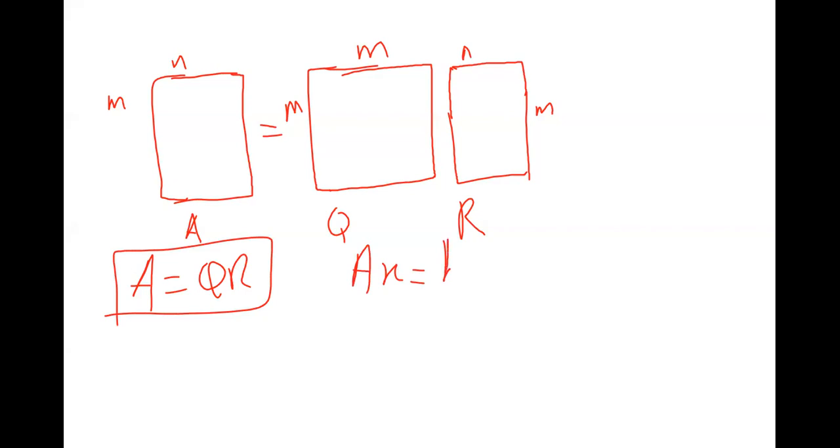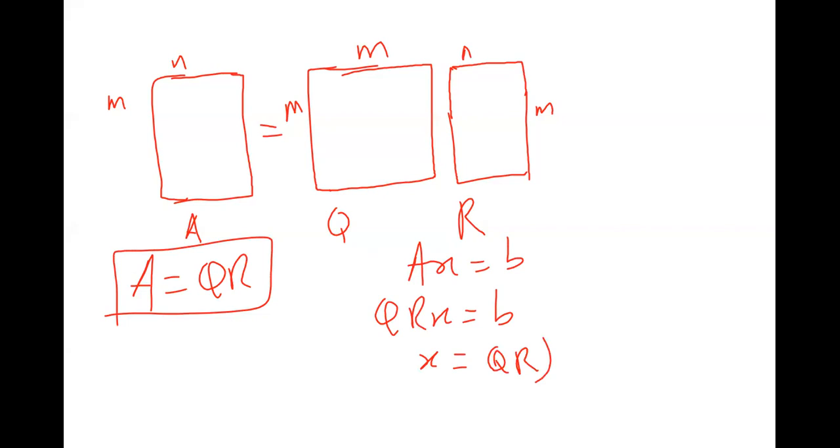If we have AX is equal to B, then we can write QR of X is equal to B, and X will be nothing else but QR inverse of B.